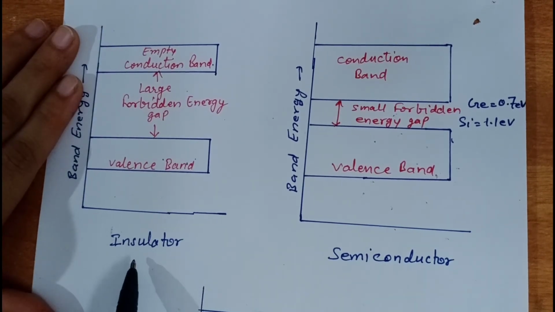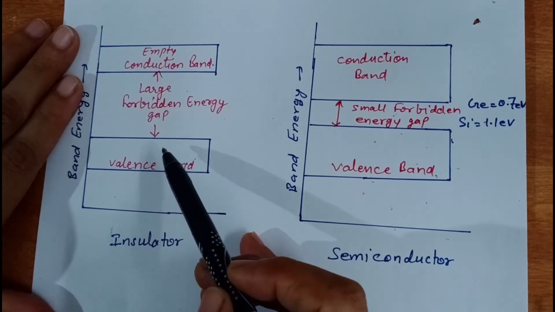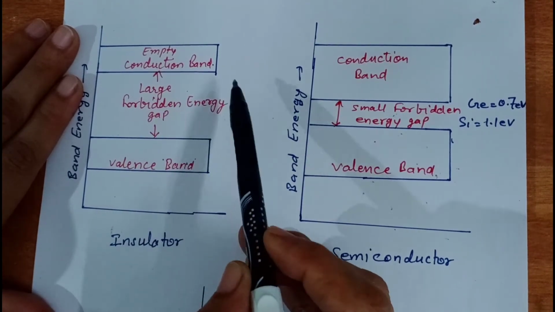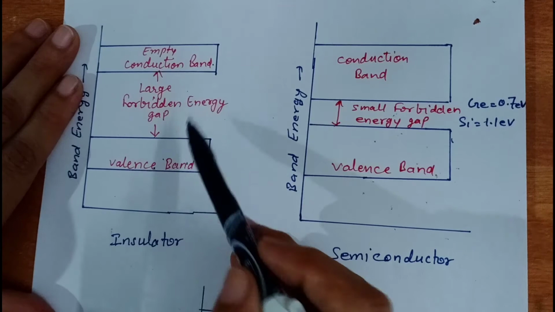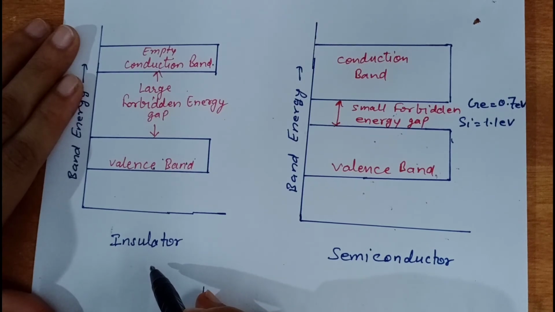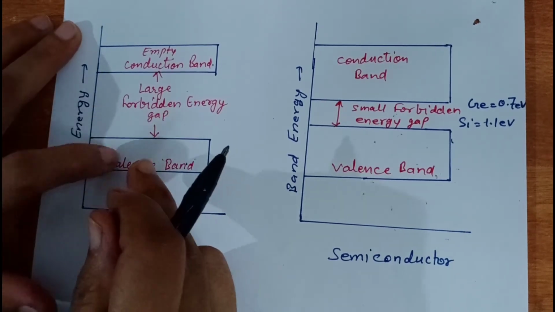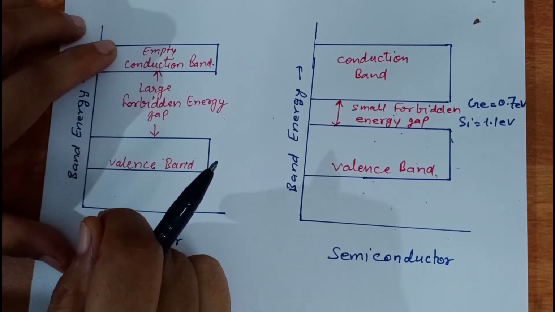Now we will discuss the insulator. In the case of an insulator, there is a large forbidden gap between the valence band and the conduction band. If we provide some potential difference across an insulator like glass, no electron will be able to move from this valence band to that conduction band.